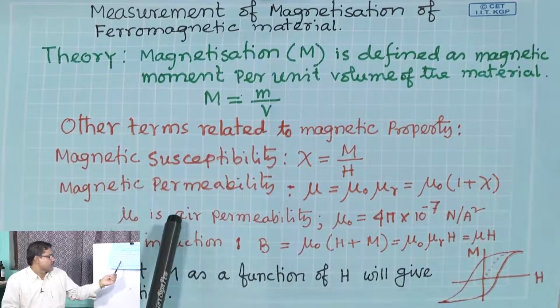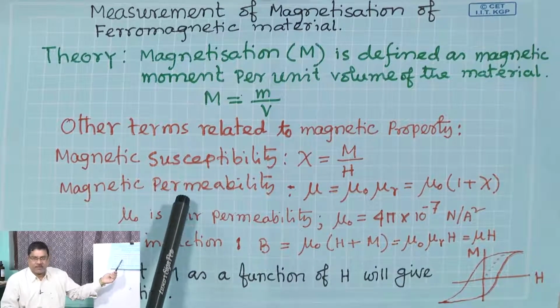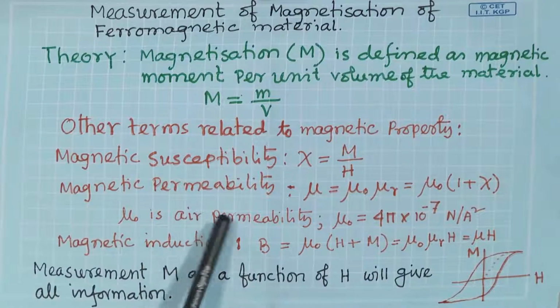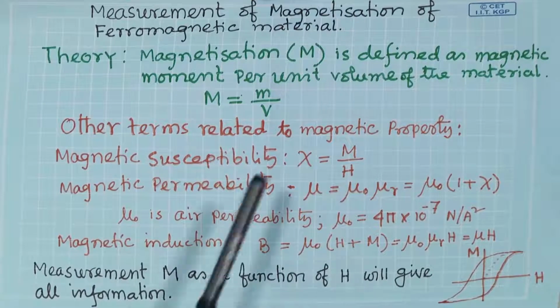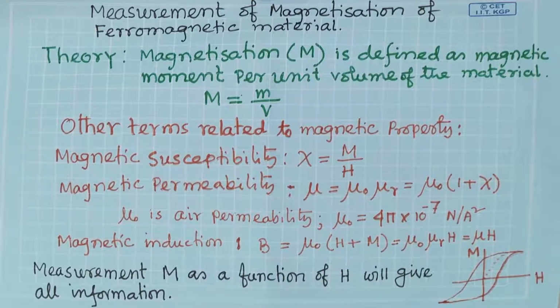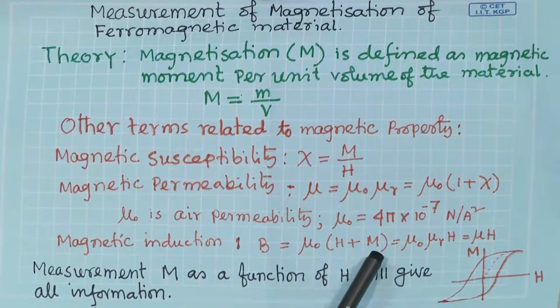mu 0 is the permeability in vacuum, a constant. Another term we use is the magnetic induction B, which is related to the applied magnetic field H and the magnetization of the medium: B equals mu 0 times (H plus M).